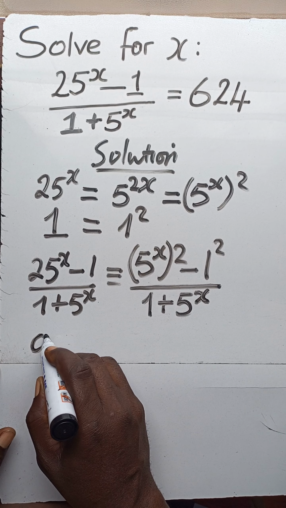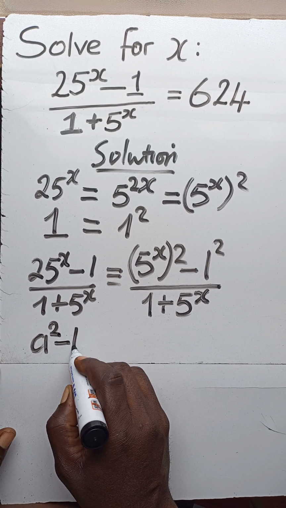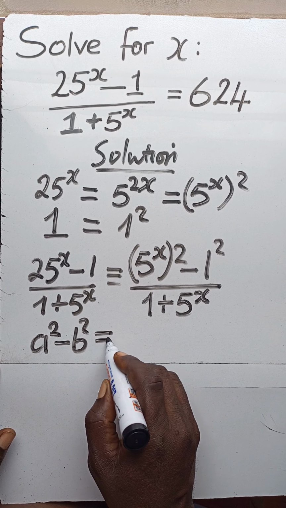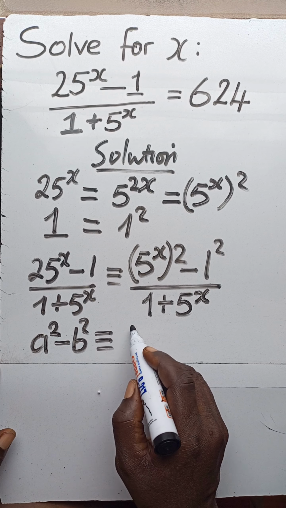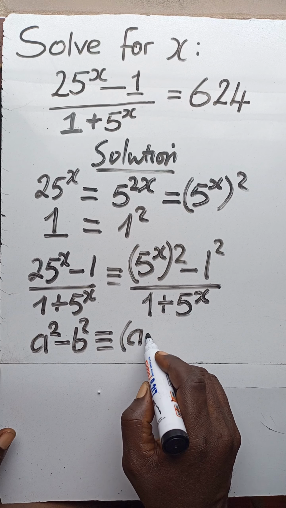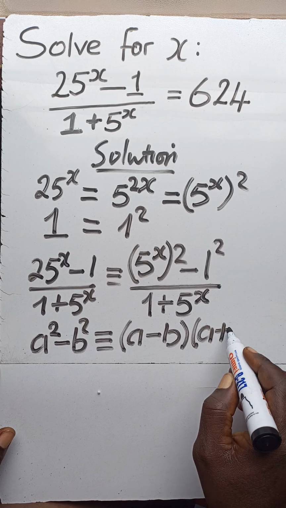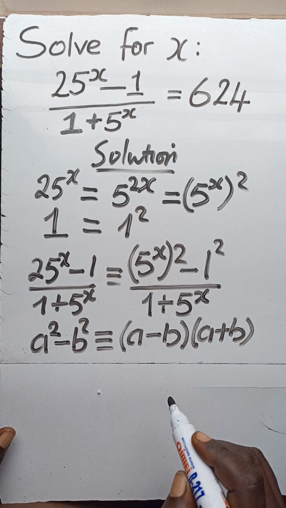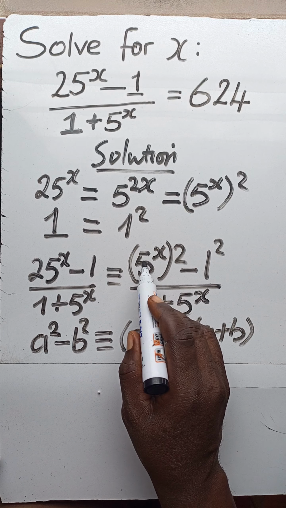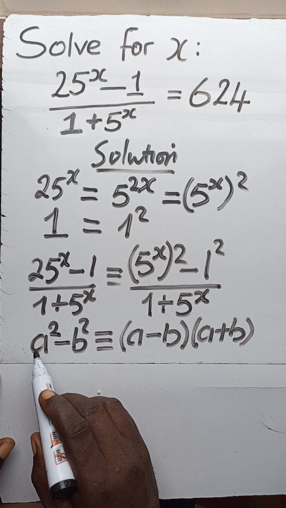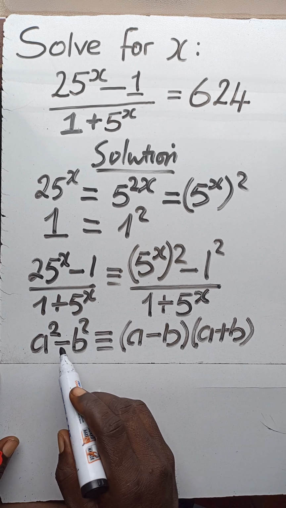Now, the identity of difference of squares again is a squared minus b squared will be a minus b into a plus b. Okay, so let us now transform this numerator using this identity.